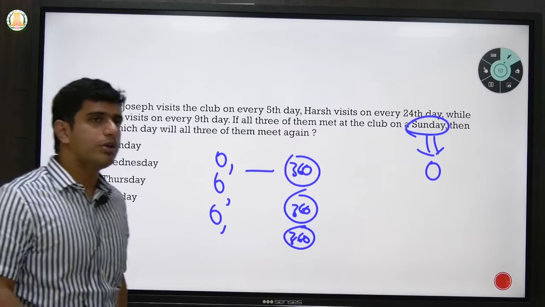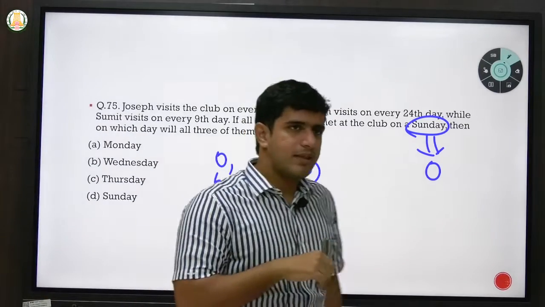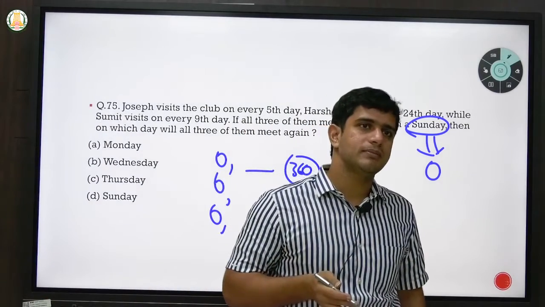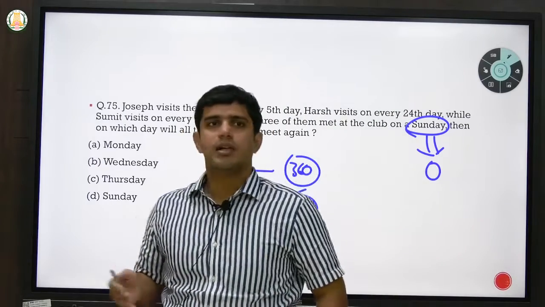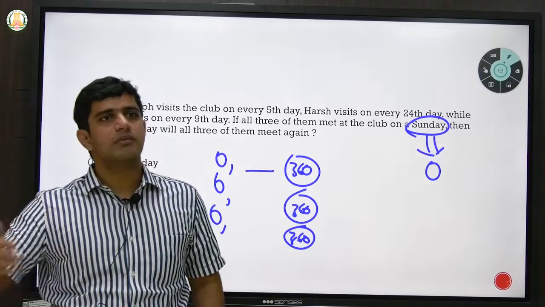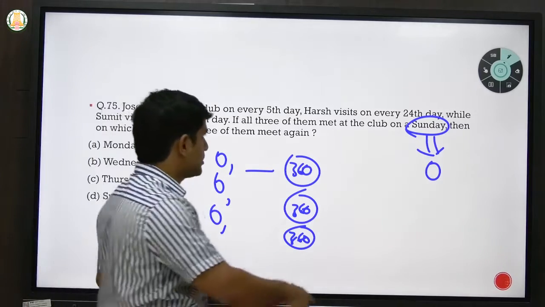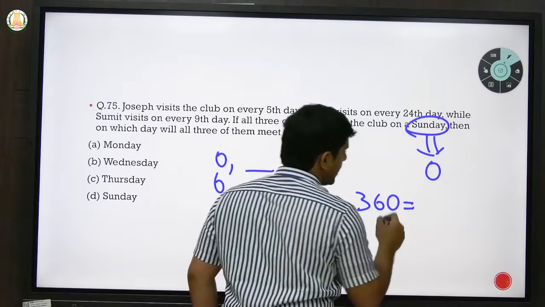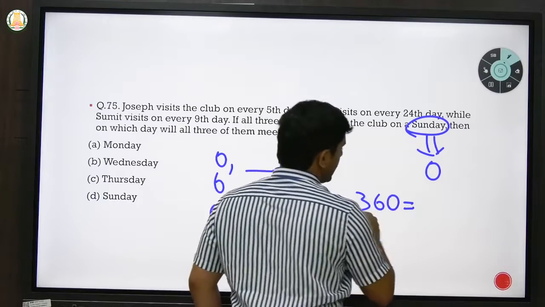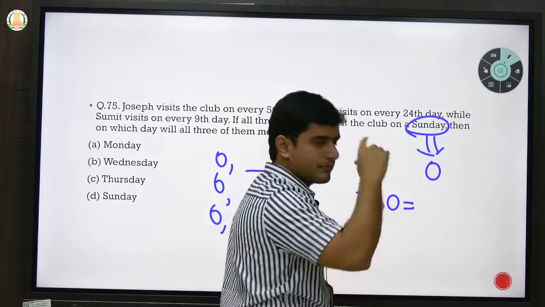So how do you do that? Let's say today is Sunday, 7 days from now will be Sunday again, 7 days from then will be Sunday. Like that, every 7 days it is Sunday. So 360, you have to find out in terms of 7.